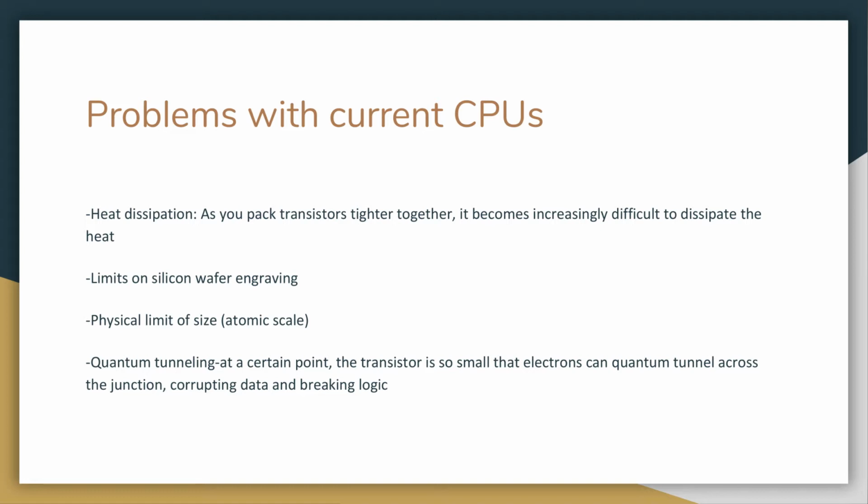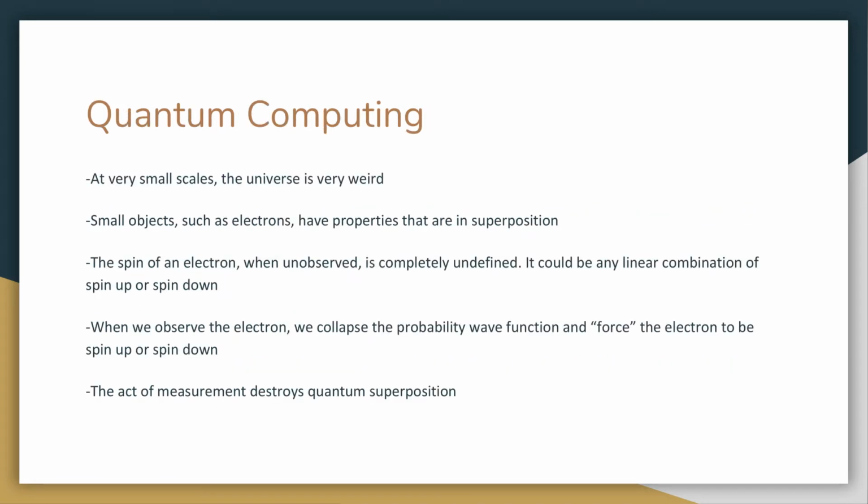It's not good. So this is where quantum computing comes in, because at small scales, the universe is very, very weird. So you have objects such as electrons that have properties that are in superposition. So an electron has a quantity called spin.